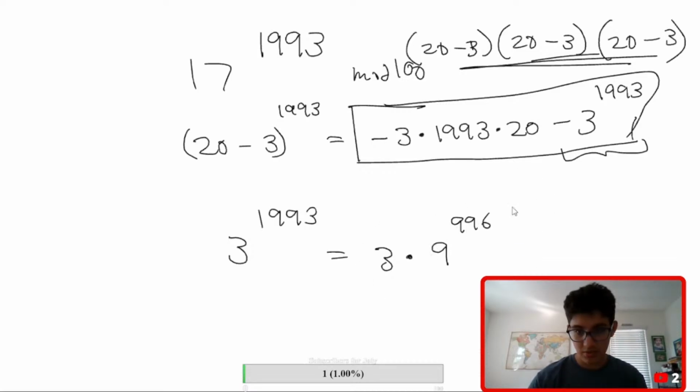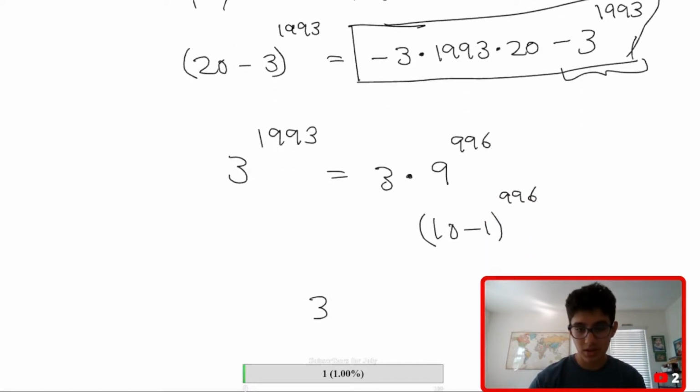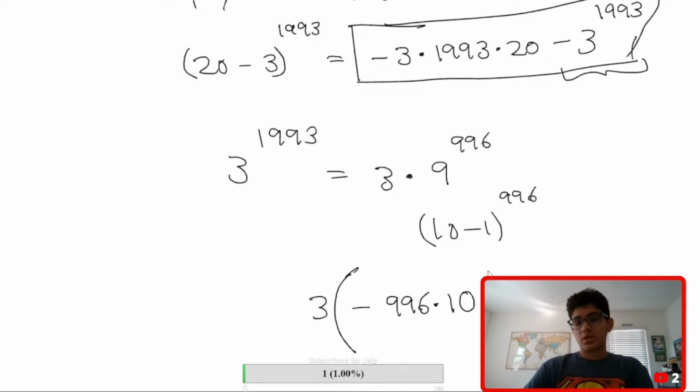So we've got this. This is just going to be 10 minus 1 to the 996, right? And so, yeah, it'll be 3. We just do the same thing as what we did there. It'll be negative 996 times 10, because it's minus 10 minus 10. Wait, will it be negative or positive though?